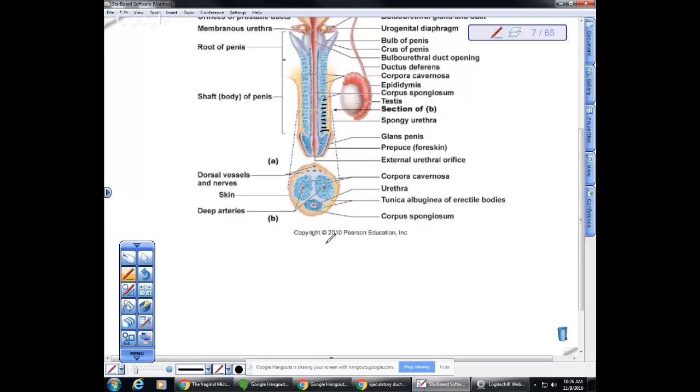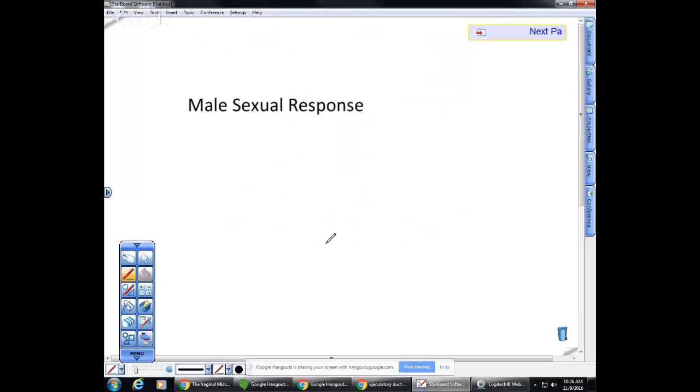Okay, so if we look at the male sexual response, one of the interesting things about the sexual response is that it is controlled by the autonomic nervous system. So what this means is that it can be unconscious, right?